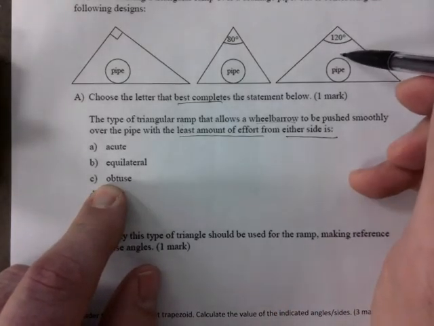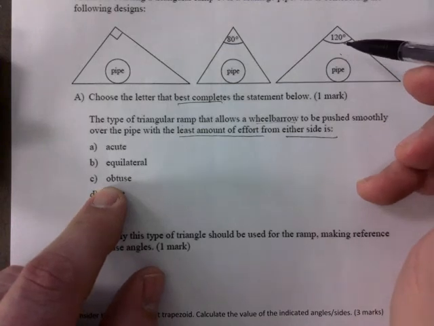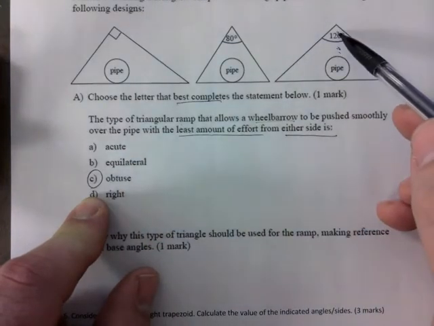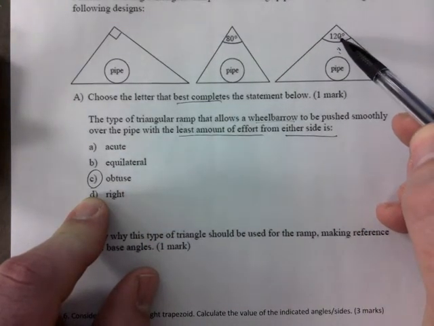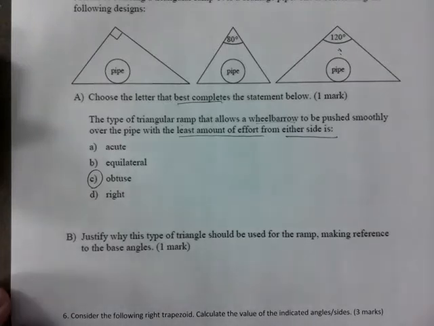This one here, you are correct. This one here is the best option because the bigger the top angle is, the shallower, the smoother the rise. So C is the right answer there.